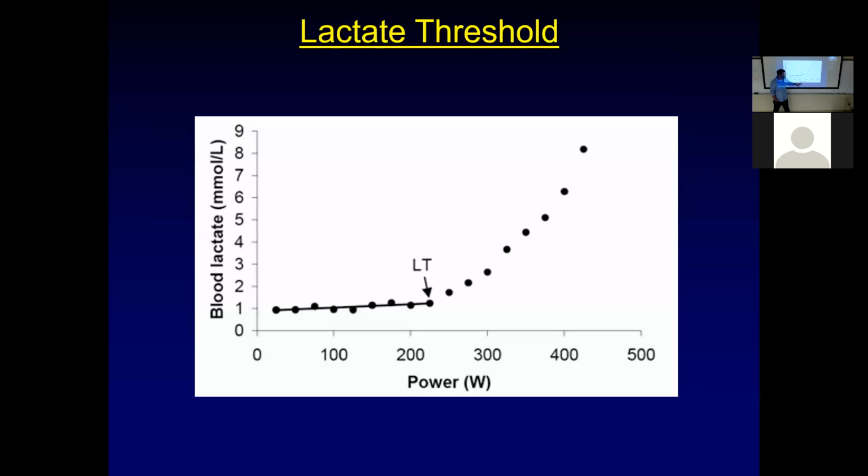It's probably most truly defined as the point at which, or immediately before, we see some measurable consistent increase over resting level, because everybody's resting levels are a little bit different. That's lactate threshold. When you reach lactate threshold while exercising, you will know it.